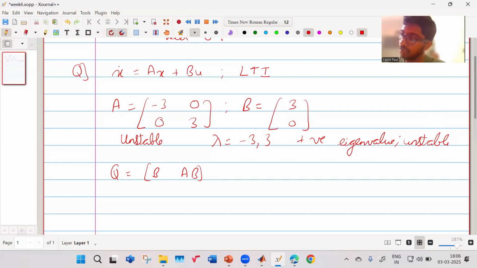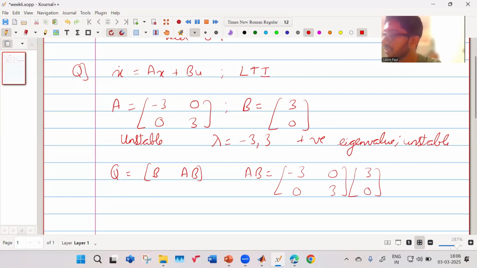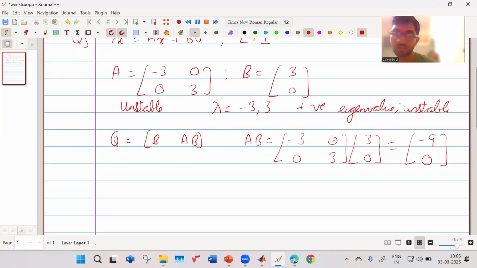So we'll find AB, right? This is [-3, 0; 0, 3], and B is [3; 0], so this comes out to be -9 and this comes out to be 0. So the Q matrix will then be B and AB, that is [3, -9; 0, 0]. Is this system controllable?